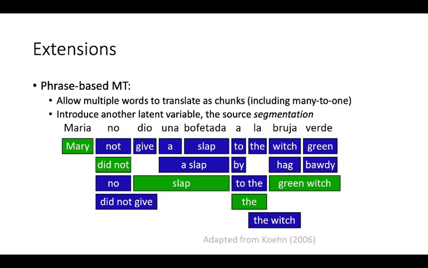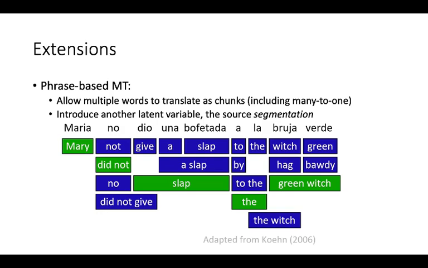For example, just now we treated all the tokens at the word level, but we can group a few words into one phrase, and then we know that, for example, these 3 words are actually a translation of one source word here, one target word here.